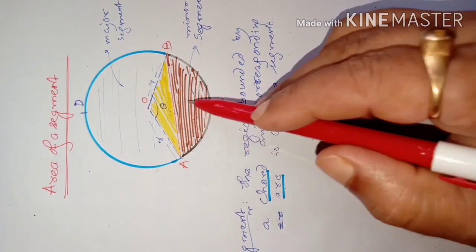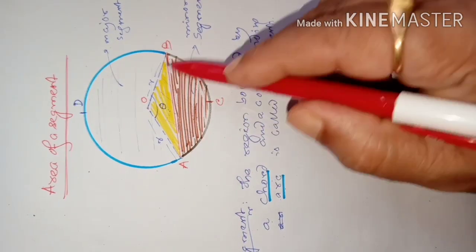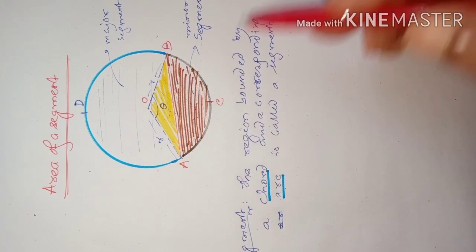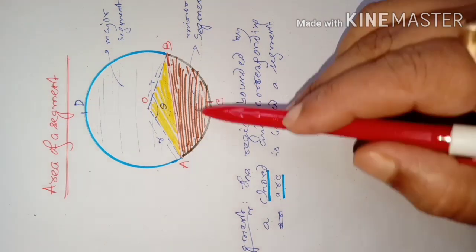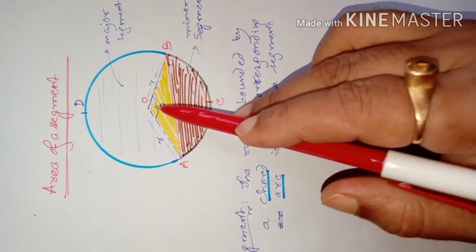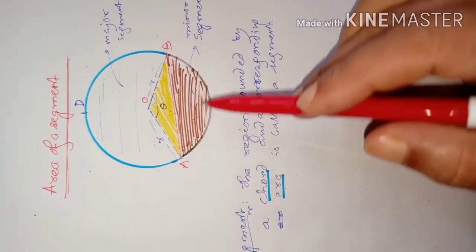The yellow triangle plus the brown segment together is a sector. So when we talk about the area of a segment, it is always connected with the area of the sector.